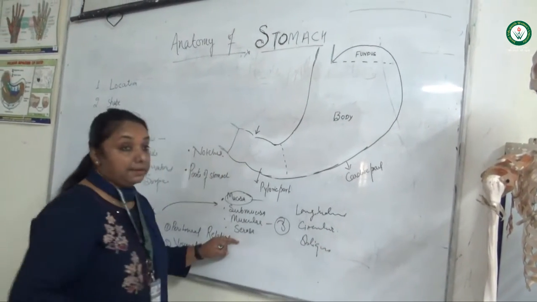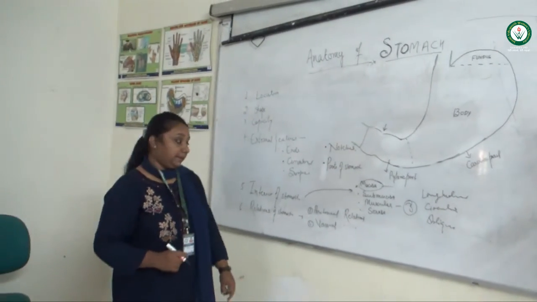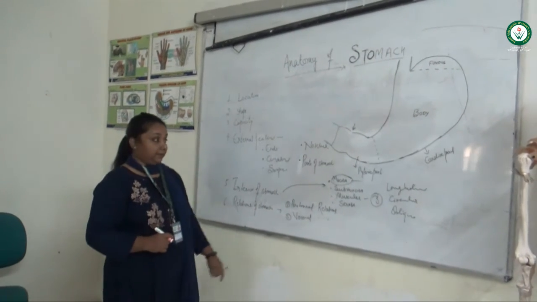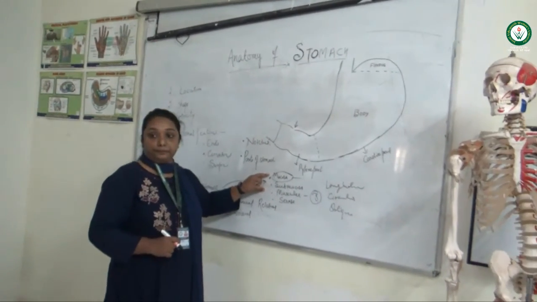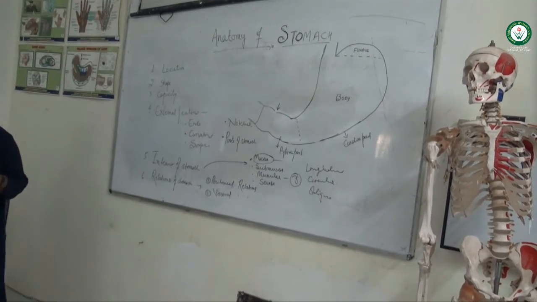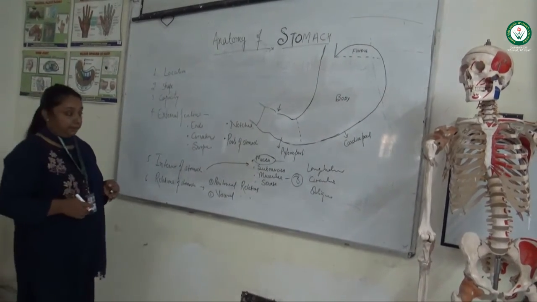The outer layer is lined by the peritoneal lining. In an empty stomach, the mucosa is thrown into folds that are called rugae. If it is distended with food, the rugae disappear.